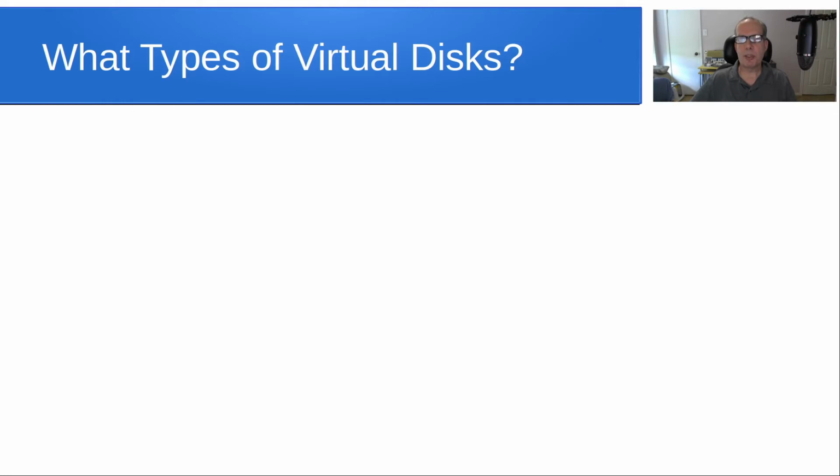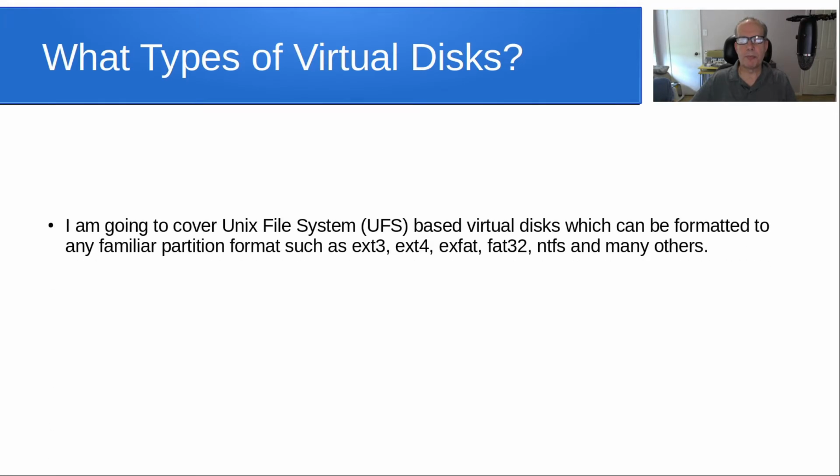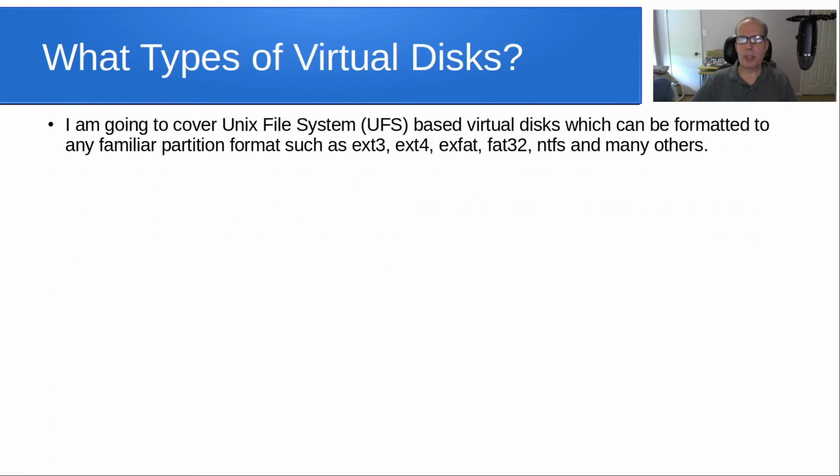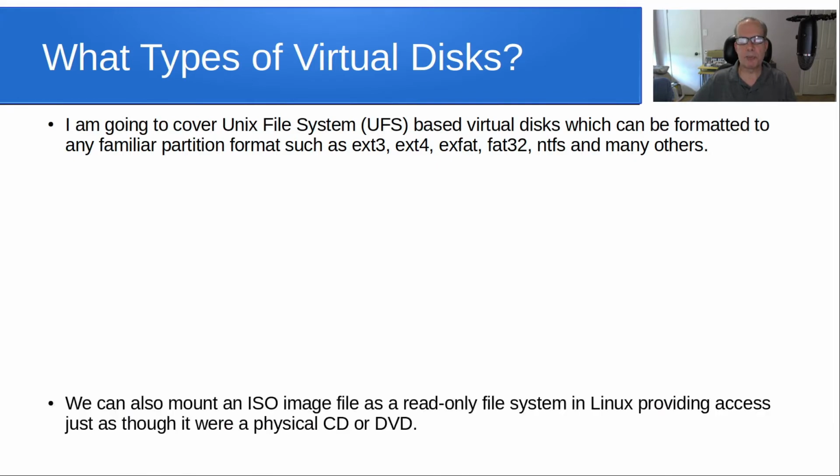So what types of virtual disks are there? I'm going to cover the Unix file system, UFS-based virtual disks, which can be formatted to any familiar partition format such as ext3, ext4, exFAT, FAT32, NTFS, and many other formats.